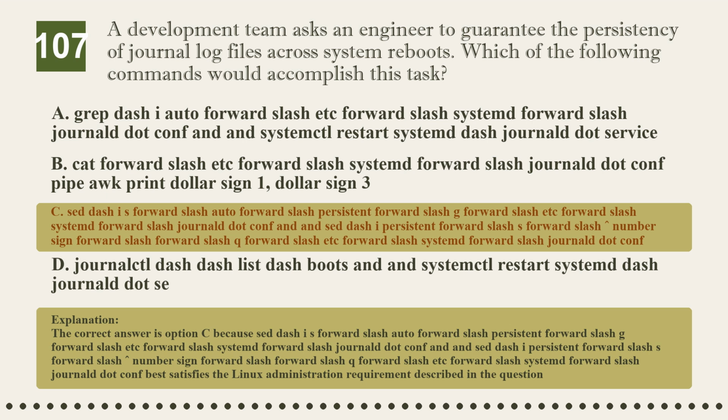The correct answer is option C because sed -i 's/auto/persistent/' on the journald.conf file best satisfies the Linux administration requirement described in the question.